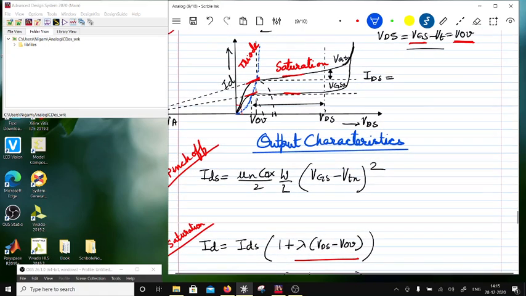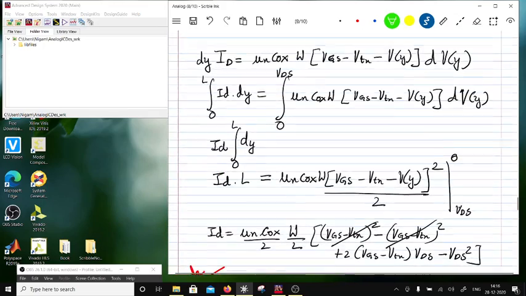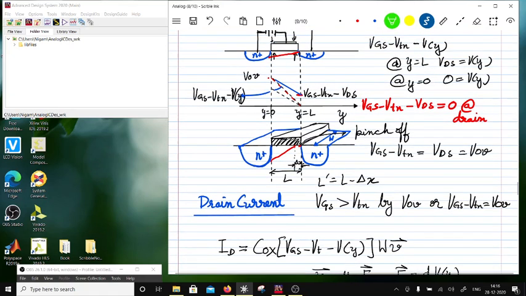You get the slope as the output resistance, inverse of the slope. And then one more thing is there, what is happening in this region? So if I was to take this region, why is the current picking up? The current is picking up because the drain to source voltage and the drain bulk junction breaks down. So this is the drain bulk junction.